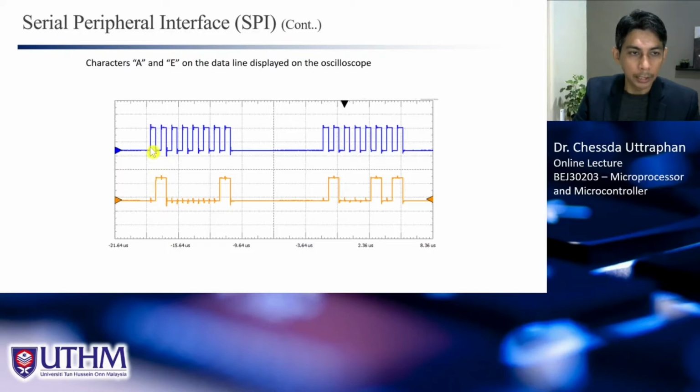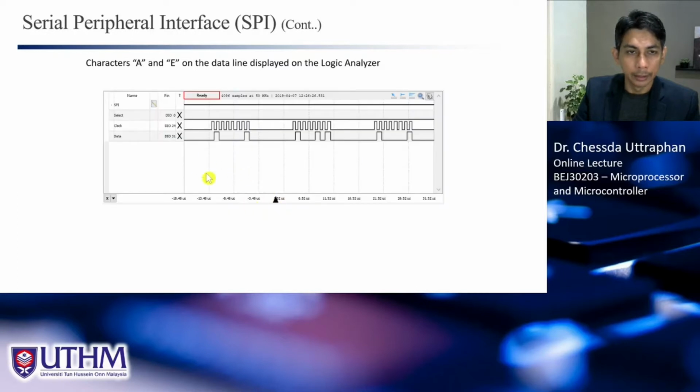So here at the positive edge, we have 0, 1, 0, 0, 0, 0, 0, 1. And this is character A, which is actually 41 in ASCII, right? This is 4E 45, this is E, in the line. This is the same thing.